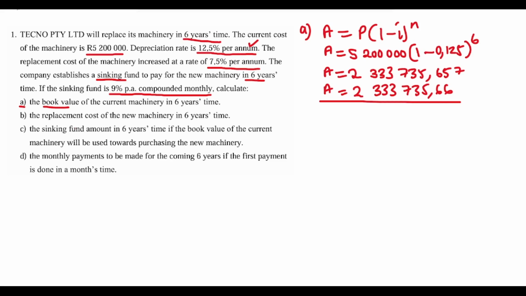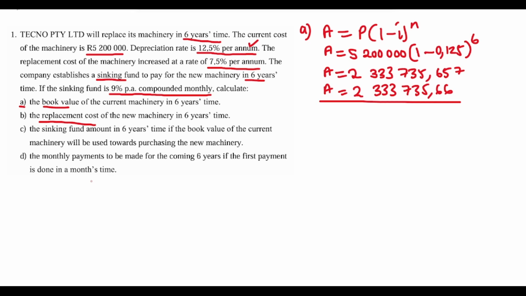Right, B, the replacement cost. What is the replacement cost? We're saying now, what will be the price of the new machinery in 6 years' time? The price obviously is increasing due to inflation and also due to some developments that happen with new machinery. Things are always updated.